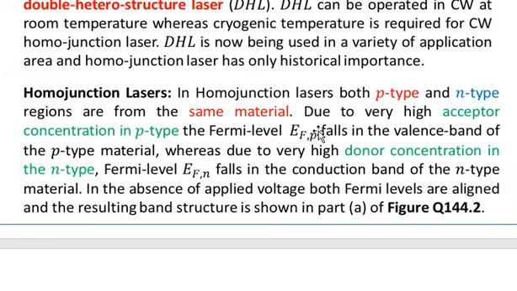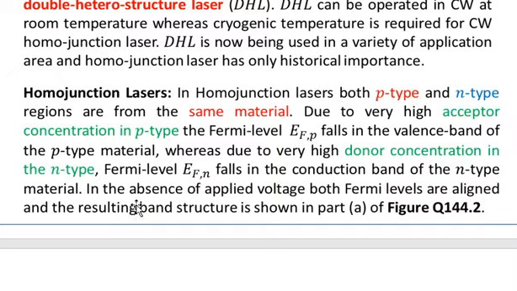So EFP, the Fermi level of the p-type material, will fall in the valence band, whereas EFN, the Fermi level of the n-type material, will fall in the conduction band.